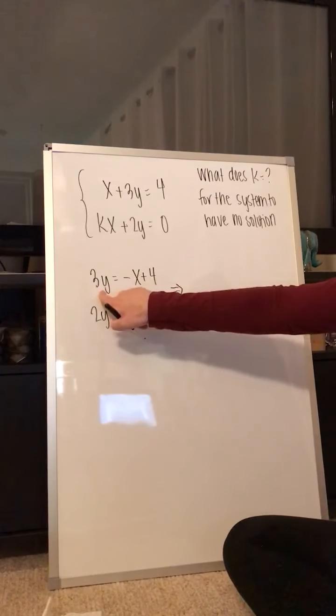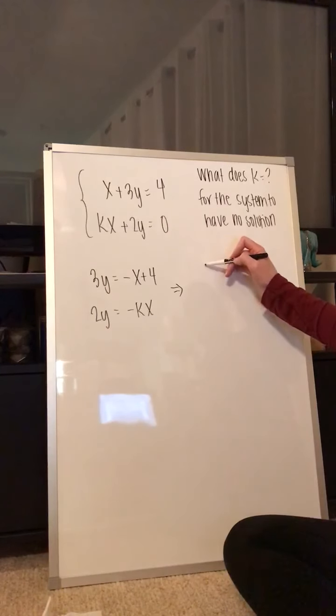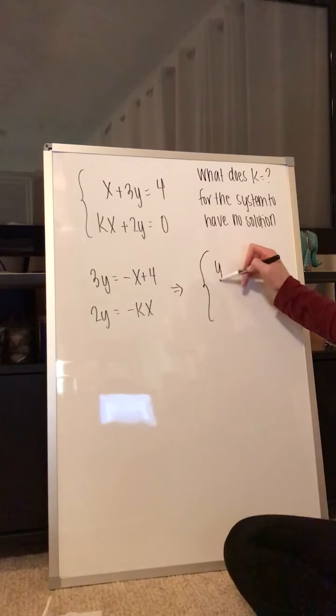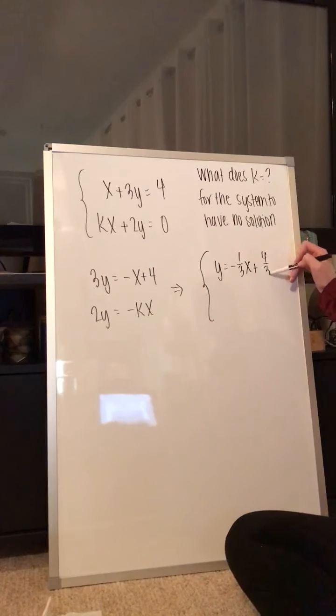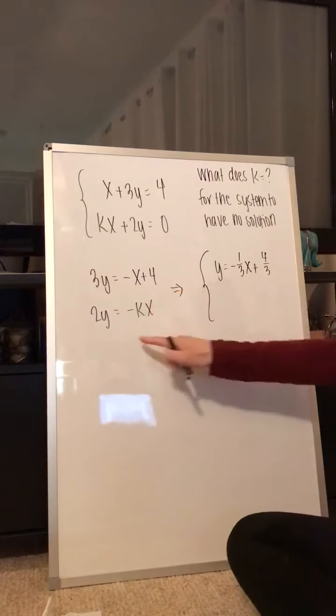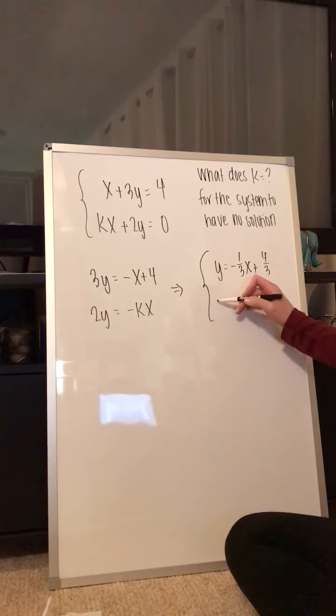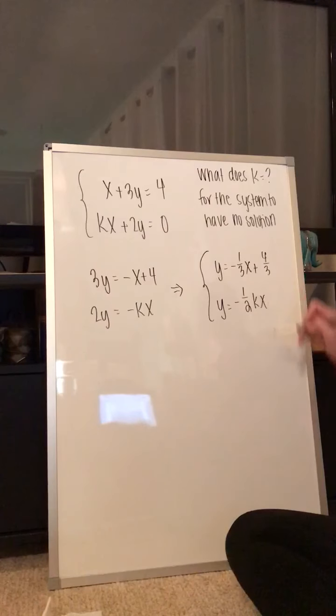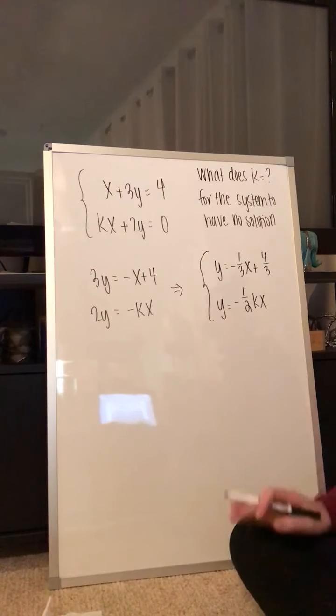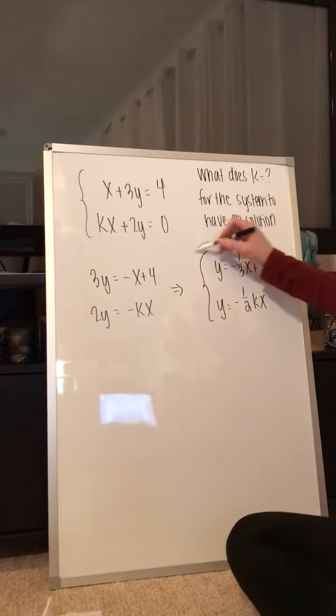In my first one, I'll divide everything by 3. So my equation would be y equals negative 1/3 x plus 4/3, because I have to divide both terms by 3. Same thing over here: y is equal to negative 1/2 kx. All right, so that's the system I'm going to work with.